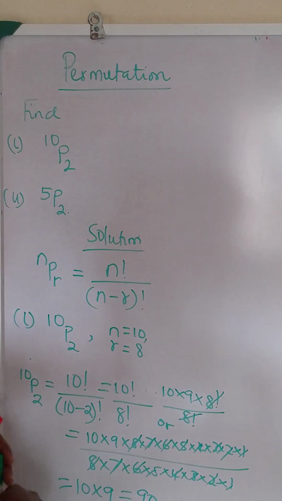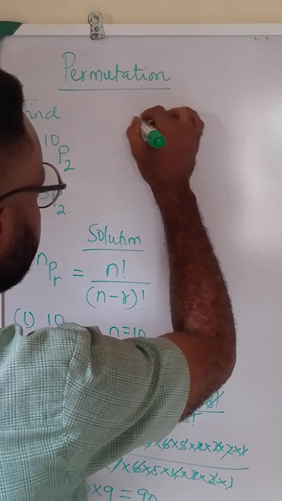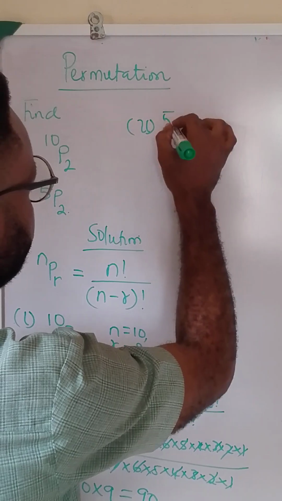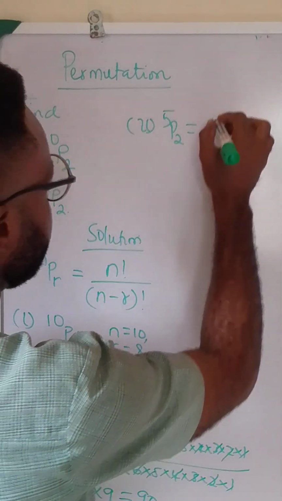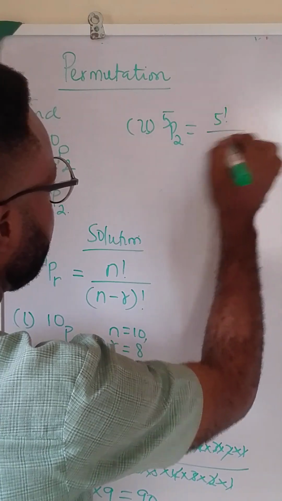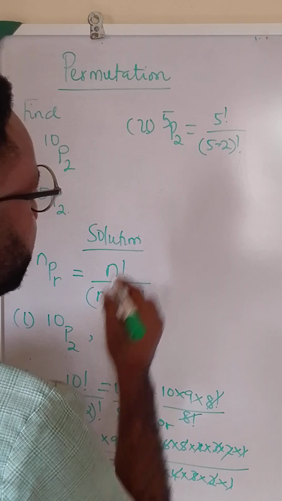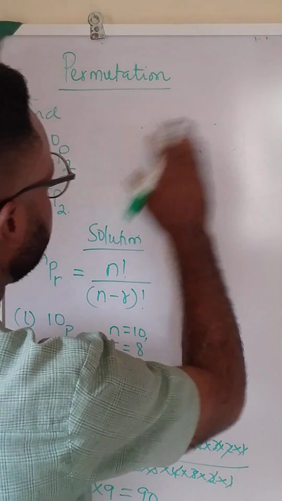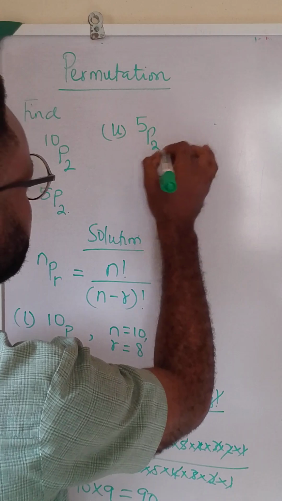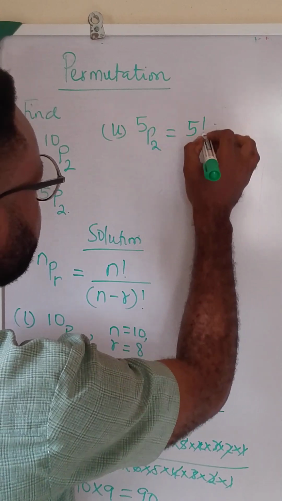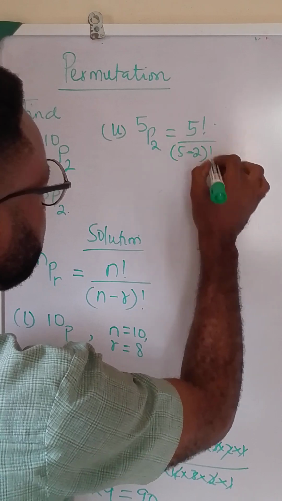So let's solve 5 permutation 2. Our 5 permutation 2 will be equal to, from this formula, 5 factorial all over (5 minus 2) factorial. So this will be 5 factorial divided by 3 factorial, since 5 minus 2 gives us 3 factorial.